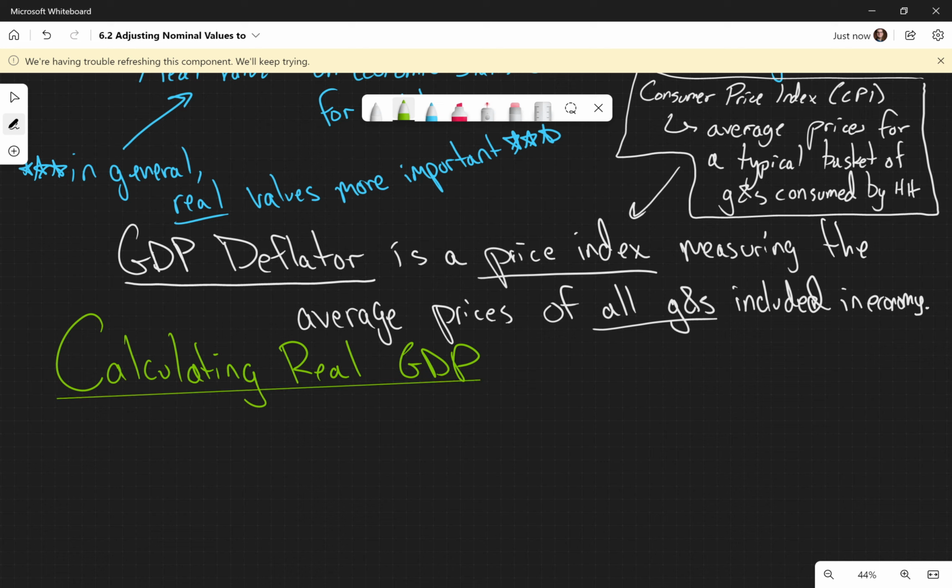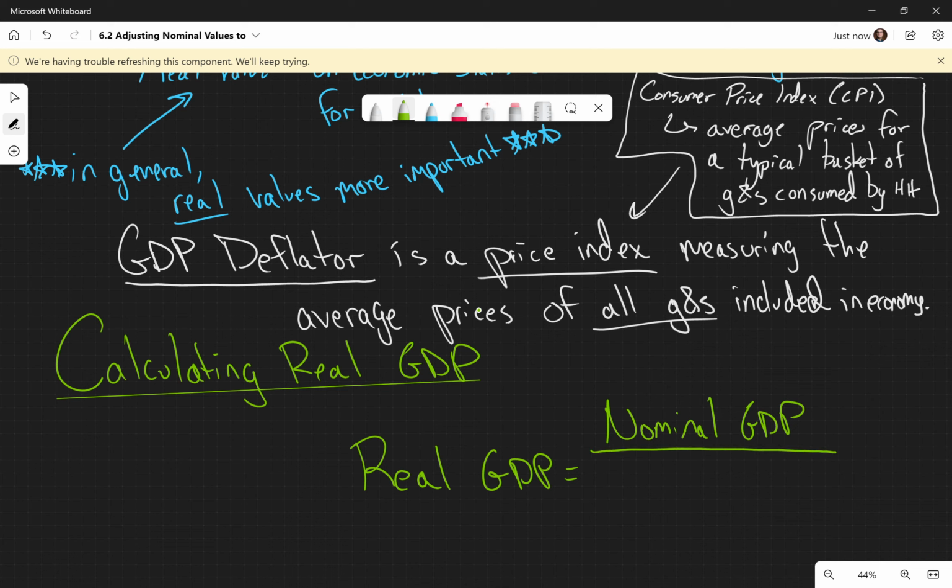Our formula for calculating real GDP is that we are going to take whatever the nominal GDP is, and we are going to divide it by whatever the price index is, divided by 100. And our price index for this particular class is going to be always synonymous with the GDP deflator.